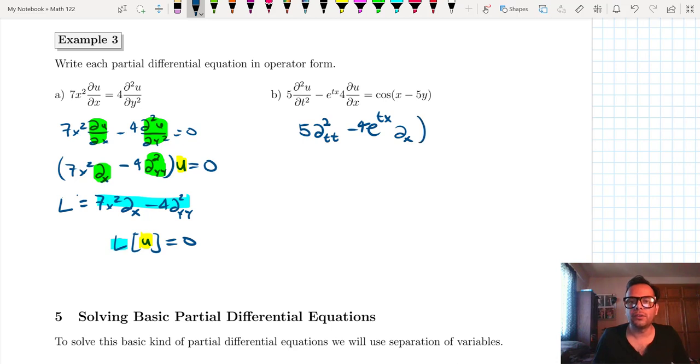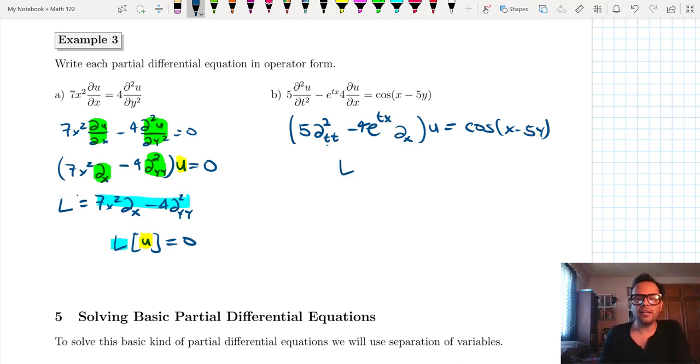We're done with all this. This is going to be times u. So these operators right here are acting on this given function here, because the term on the right hand side doesn't have a partial derivative term factors or anything. All we do is just keep writing it. Okay, so that's all we do here.